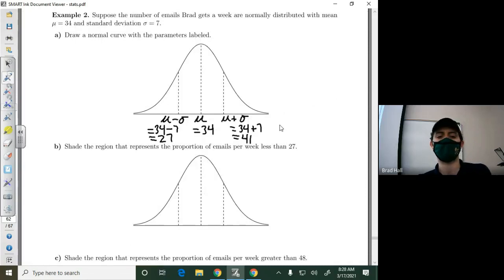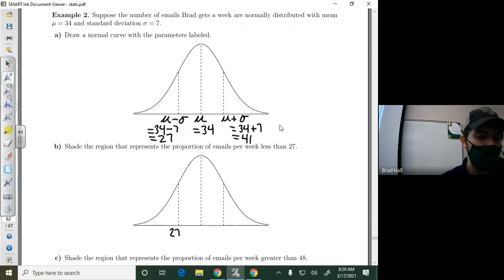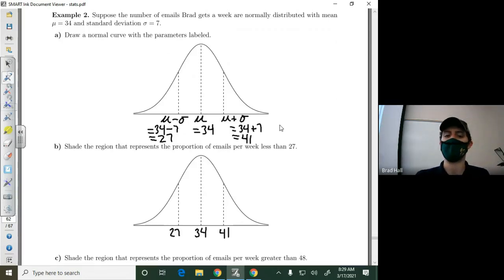So we're going to scroll down a little bit. Shade the region that represents the proportion of emails per week less than 27. Well, we already have the mean and other adjacent values labeled, so I'm just going to carry those down directly. We already figured that out in the top part.